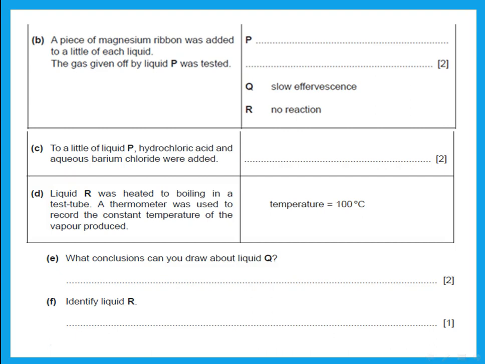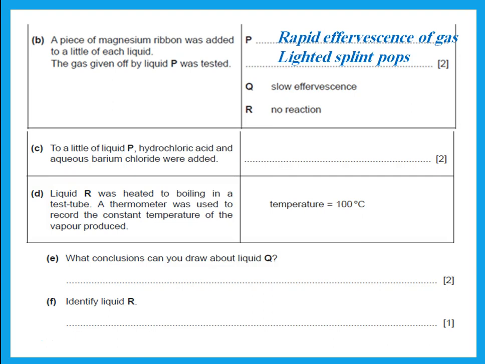So if I put magnesium in sulfuric acid, what I get is effervescence or bubbles of gas, and the gas is hydrogen. So he says the gas given off was tested, so I have to tell him that the lighted splint pops. But then I have to compare P to Q and R. Q is slow effervescence, P is a strong acid, so that means this would be a rapid effervescence.